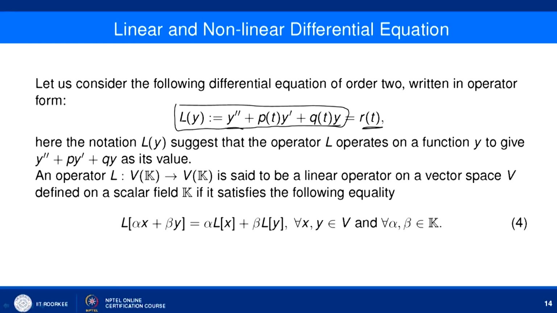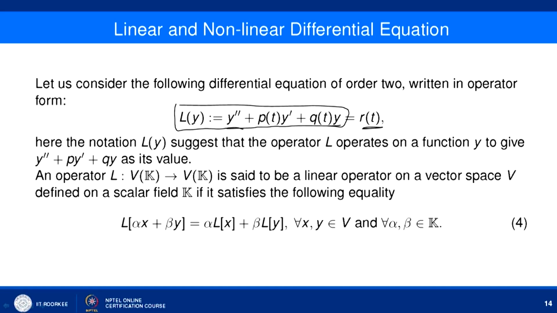Now, if this operator L is linear, we call the differential equation a linear differential equation, otherwise it is a non-linear differential equation. So, how to check that this operator is a linear operator? Look at this: the notation Ly suggests that the operator L operates on a function y to give y double dash plus py dash plus qy as its value.